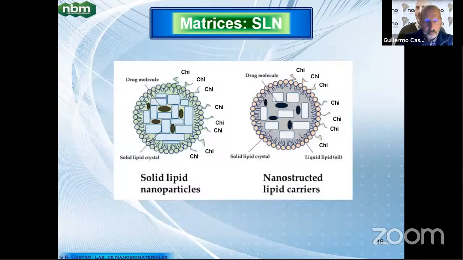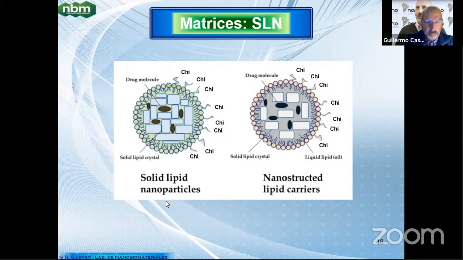So we can create two types. This is more general, and there are at least 4 types of solid lipid nanoparticles, but there are 2 main ones.